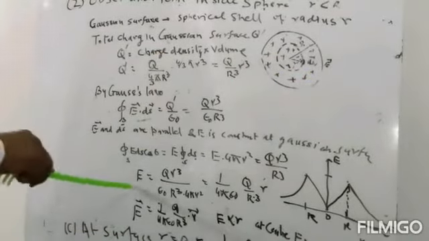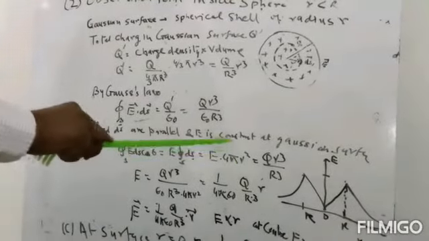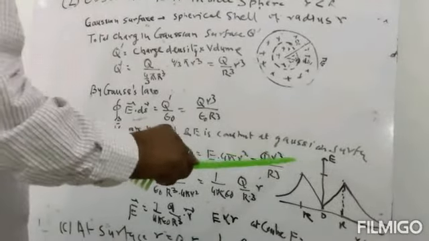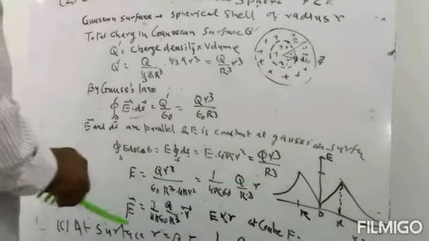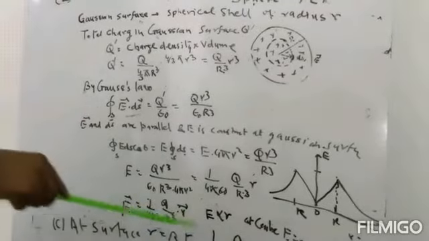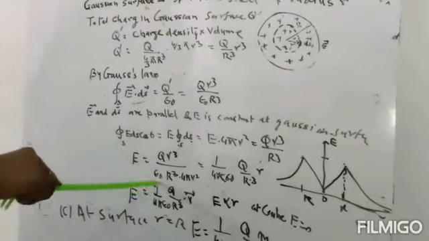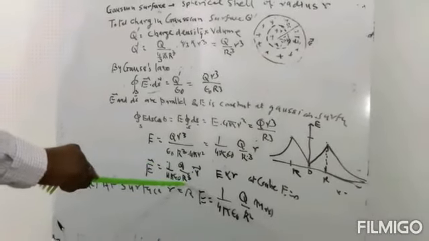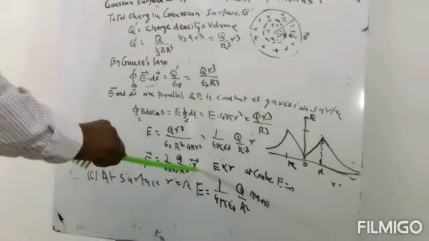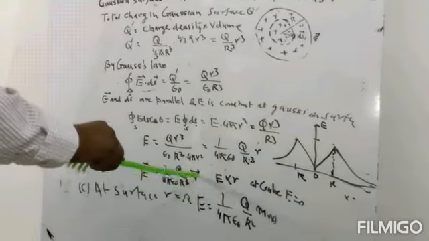So capital E into 4 pi small r square will be equal to q into r cube by capital R cube epsilon 0. So we can find the capital E. Capital E will be equal to 1 by 4 pi epsilon 0 q divided by capital R cube into r square. r cube divided by r square, so there will be r.